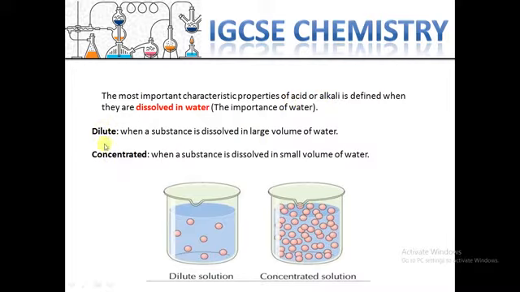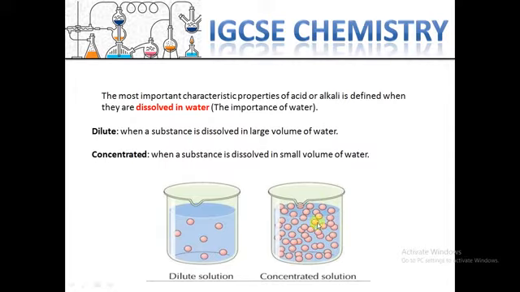We need to know two definitions about dilute. Dilute is when a substance is dissolved in a large volume of water, like here. It's not concentrated. But concentrated is when you dissolve a substance in a small volume of water.